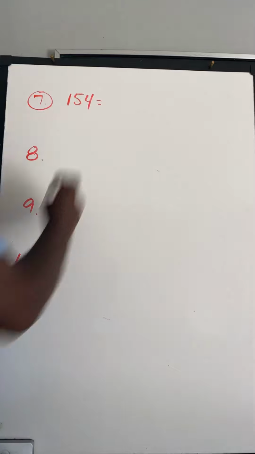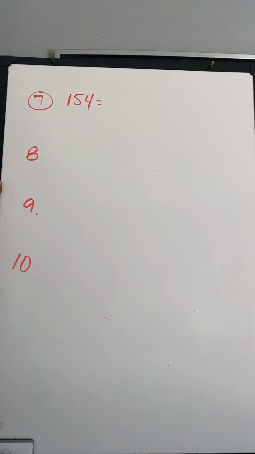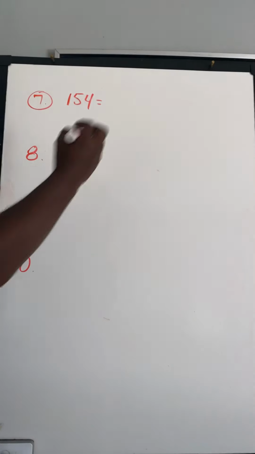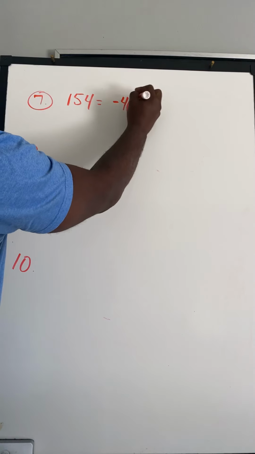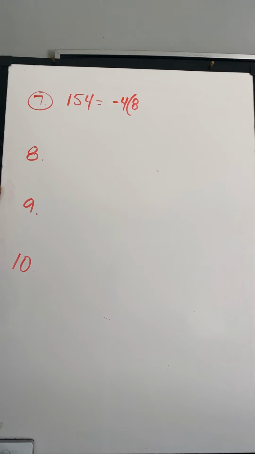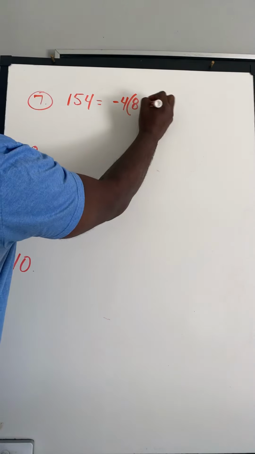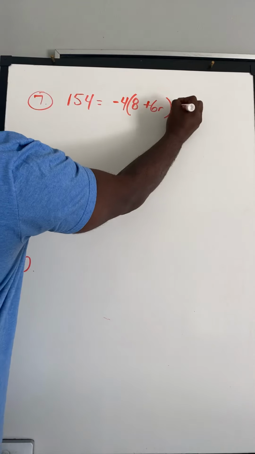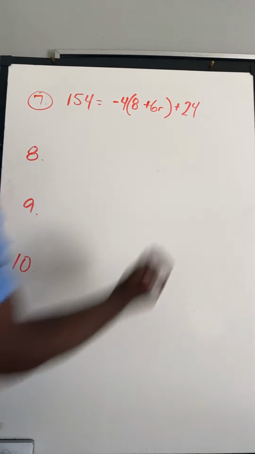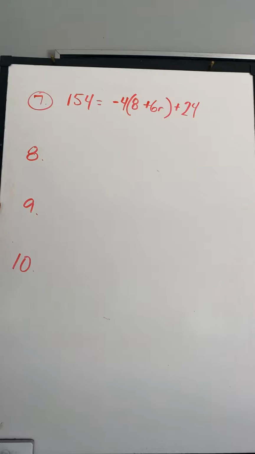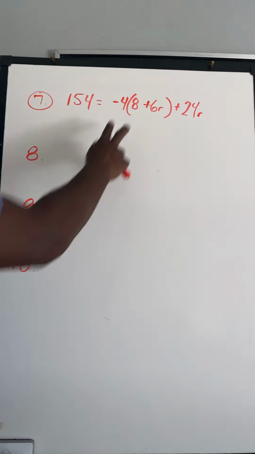154 is equal to -4 times (8 plus 6R) plus 24R. Shout out to Kobe. Anytime you see a 24, we got to give a shout out to the Black Mamba, Kobe Bryant. Okay. What do we have to do here?